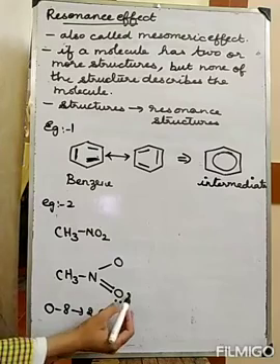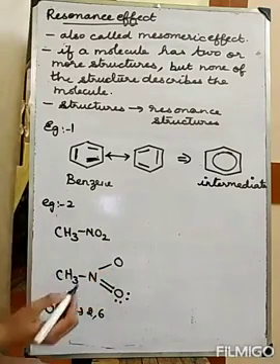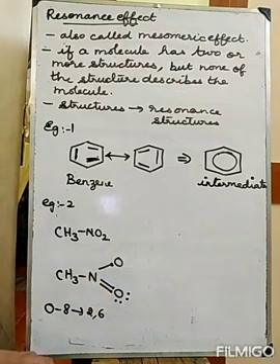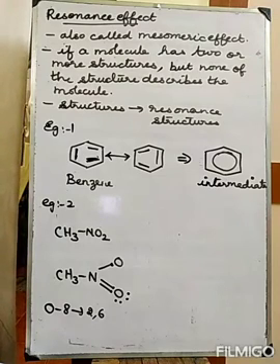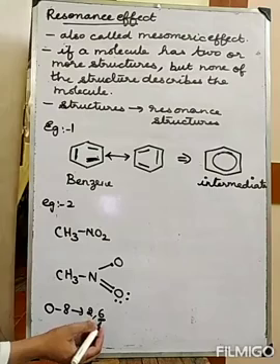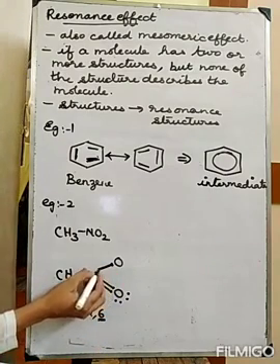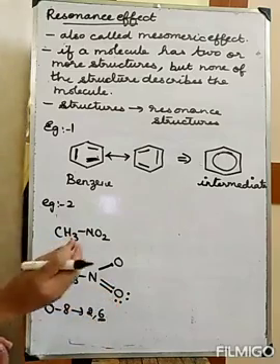Okay, 4 unbonded electrons. Now in this oxygen, only 1 electron is present in the bond. Remaining how many electrons are left? 5 electrons are left. Correct? Total in last shell 6 electrons. In that 6 electrons, 1 electron is forming bond with nitrogen. So remaining 5 electrons are present.